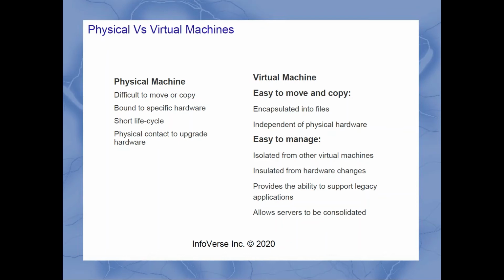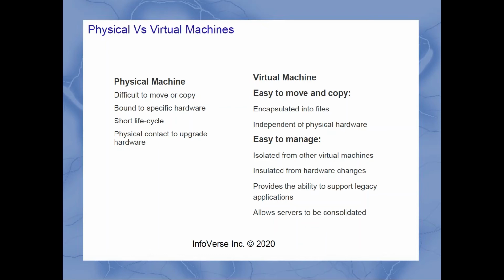It has a short life cycle. That life cycle is dependent on the underlying hardware, and you require physical contact if you want to make any changes. So if I want to upgrade or I want to change the memory, I have to have somebody actually open up the box and make those changes.